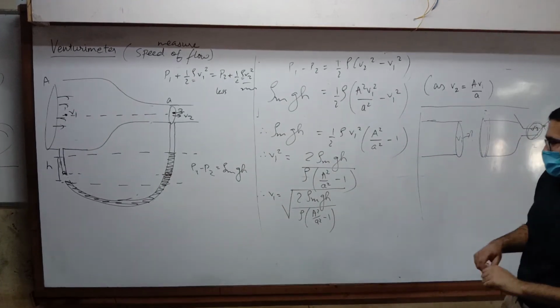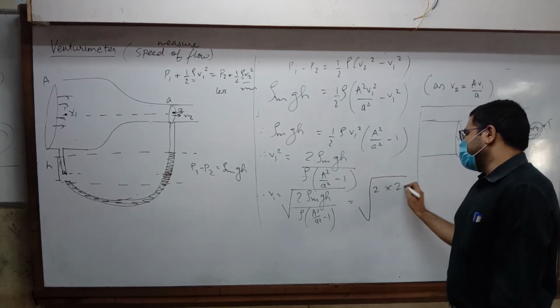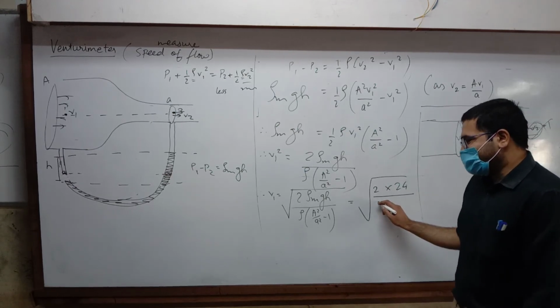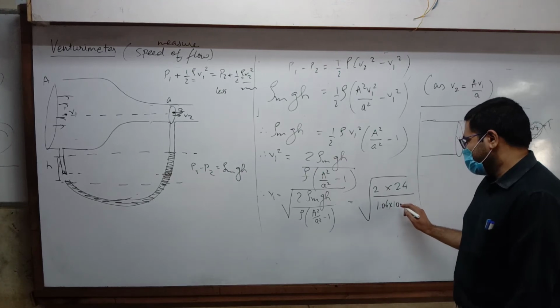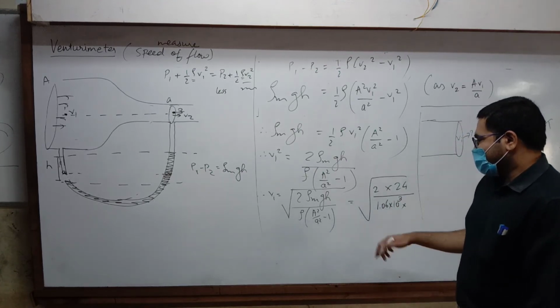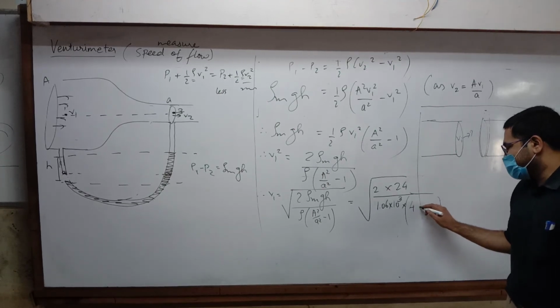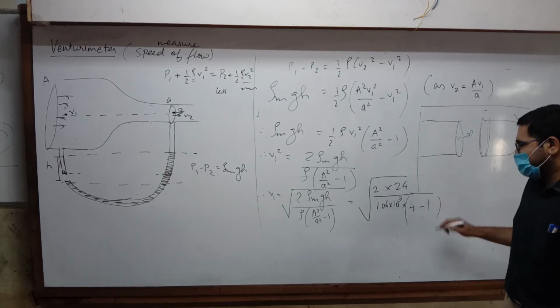Are the numbers very complicated? 2 into 24 upon density of the blood, which is 1.06 into 10 raised to 3. Water, they will take blood. And this is 4 minus 1, right? 4 minus 1.